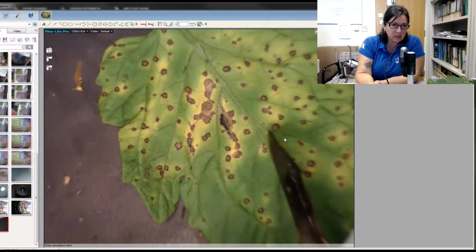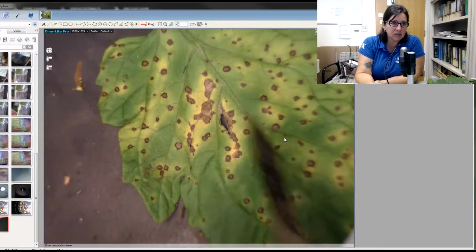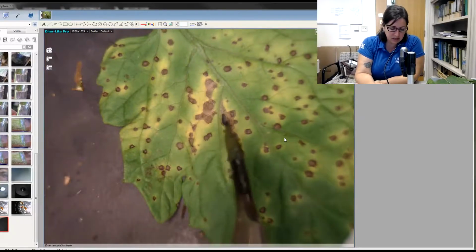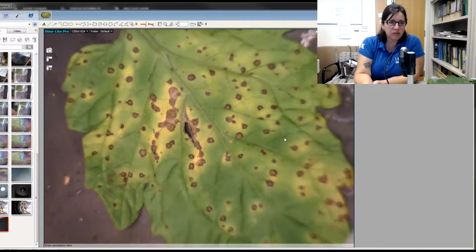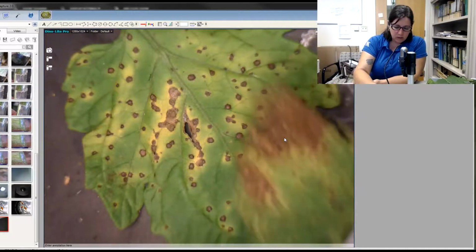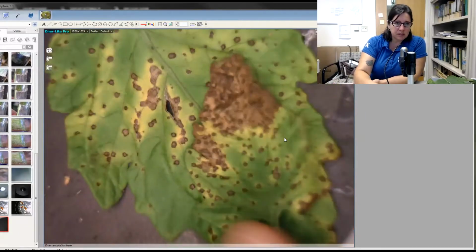There's not the white centers, but it's starting to develop the white centers. So this would look very similar to what you would expect to be a bacterial leaf spot, except we looked for sporulation. We saw sporulation here, but we had to check it. So this would be suspicious.